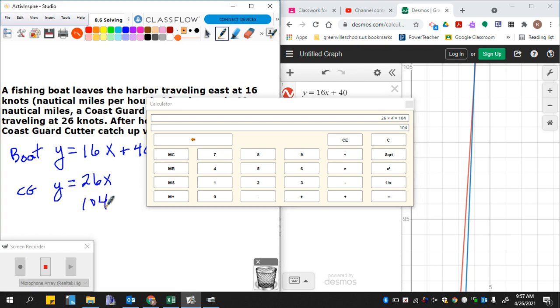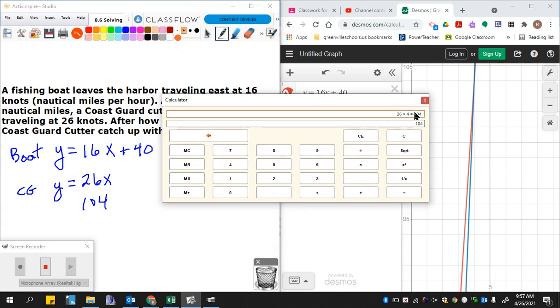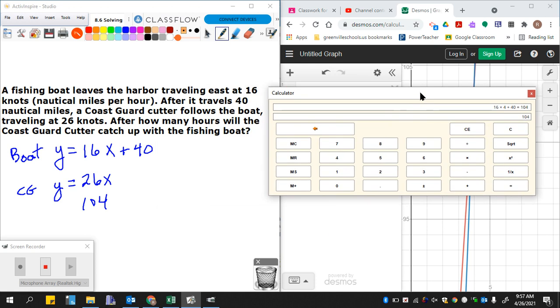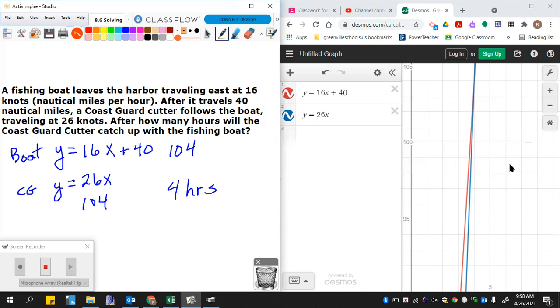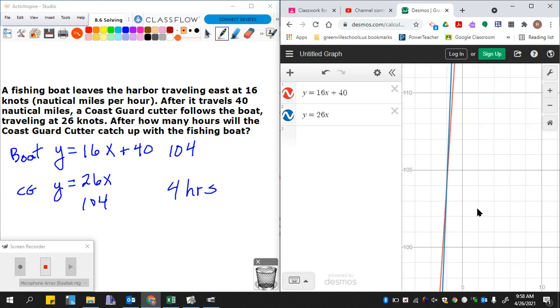Or if I say 16 times 4 plus 40, that is also 104. So it would intercept the boat at 4 hours. So that's how we do that. For some reason, I don't understand why, it did not give me the point here, but you can just look where it is on the graph.